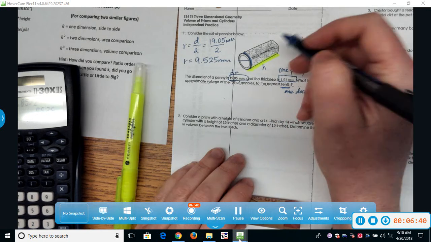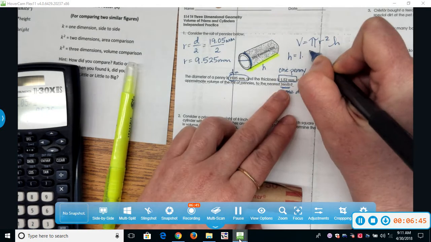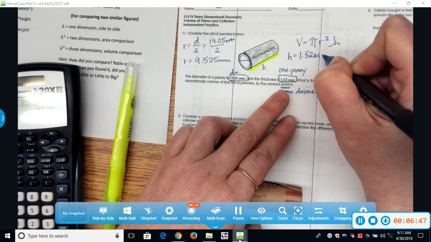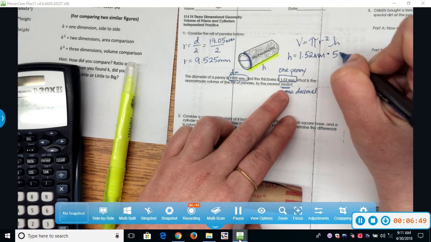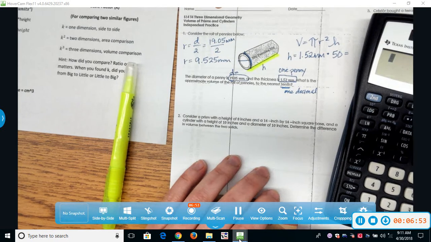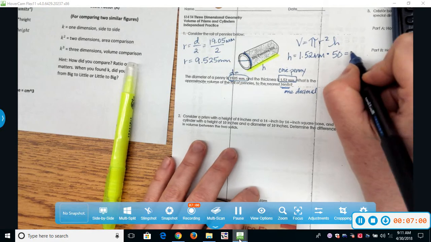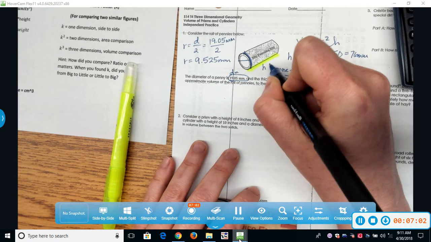Okay, so in order to get the height, I need to take the thickness of 1 and I multiply it by 50 pennies. 1.52 times 50, 76. 76 millimeters is the length.